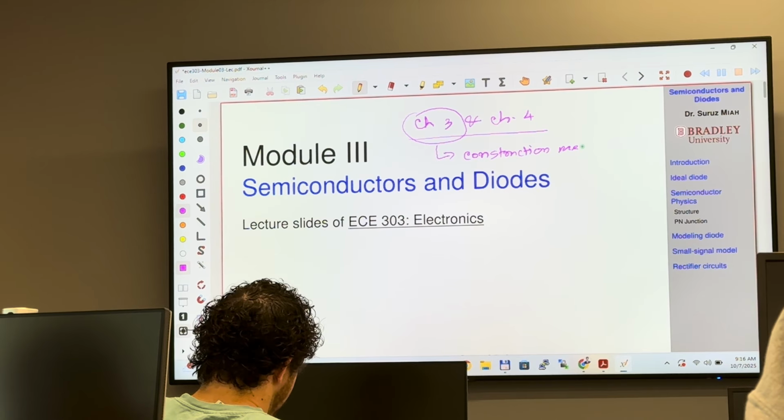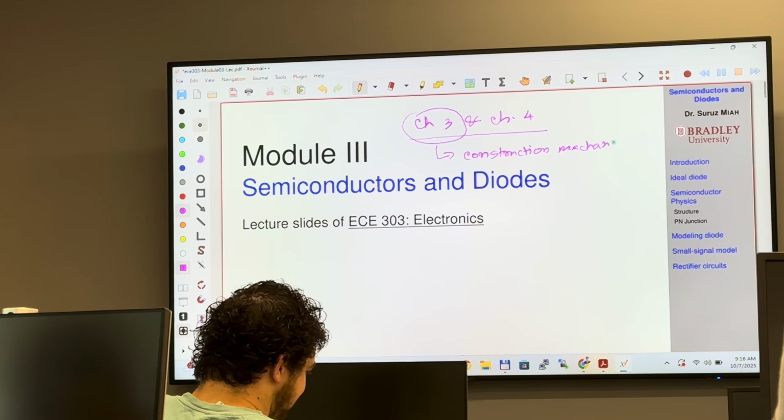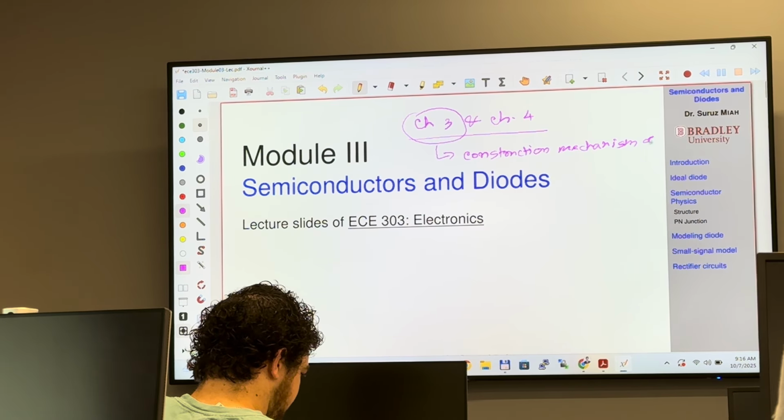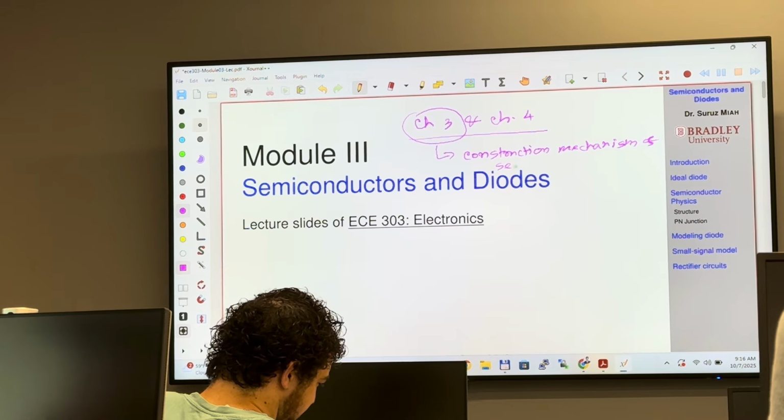Construction mechanism of semiconductor devices.